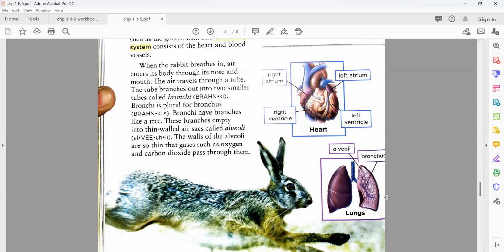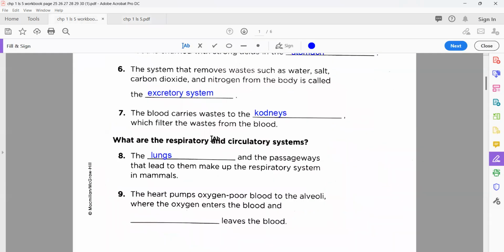When you inhale, oxygen moves inside the lungs, and then when you exhale, carbon dioxide goes out from the body.